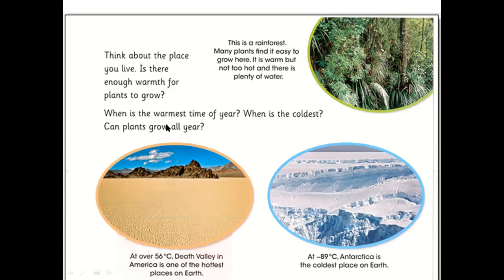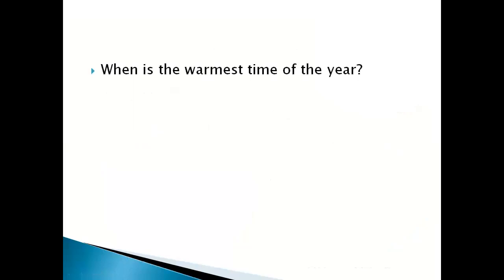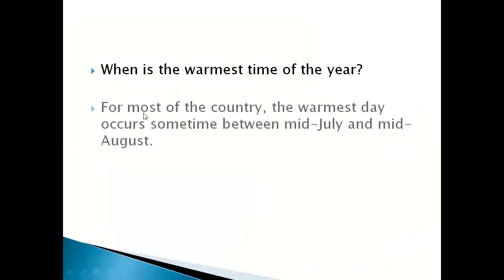Now, when is the warmest time of the year? In the year we have 12 months. So when is the warmest time? For most of the country, the warmest time occurred sometime between mid-July and mid-August.